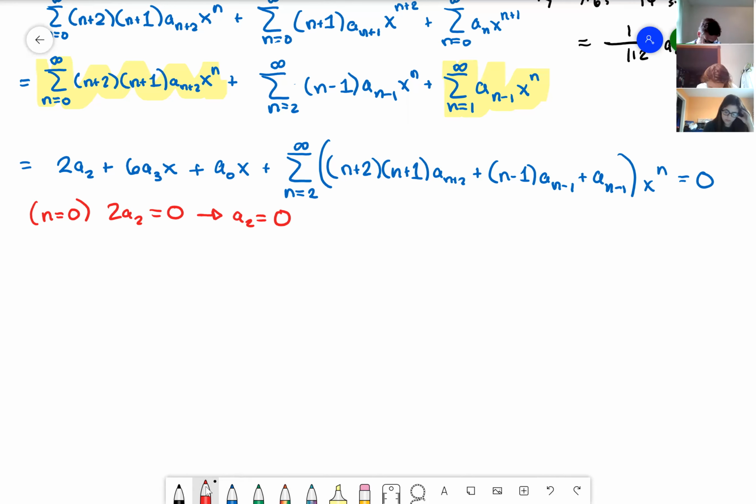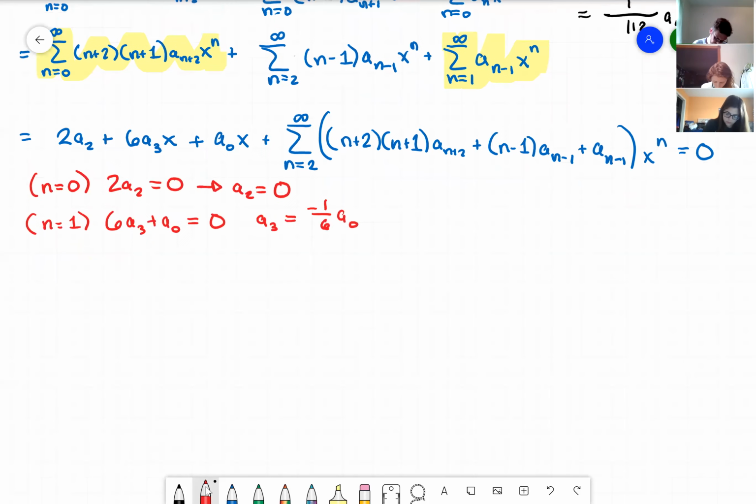Now, for the x term, n equals 1, what do we have? So we have 6a3 plus a0 equals 0. So in other words, a3 is equal to negative 1/6 a0.